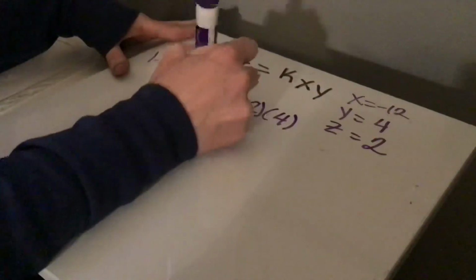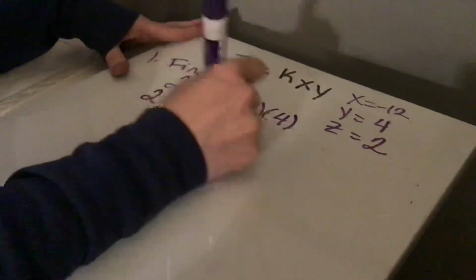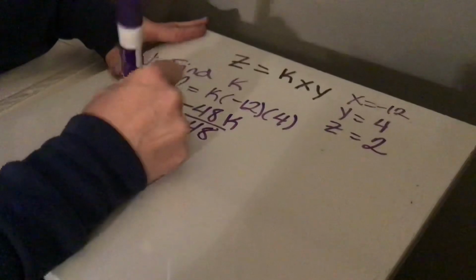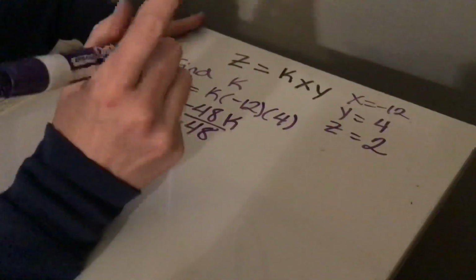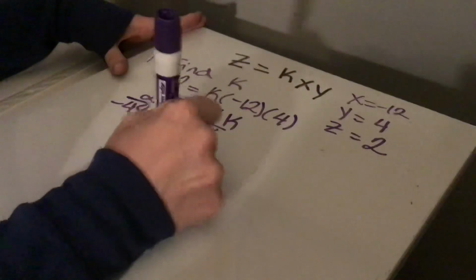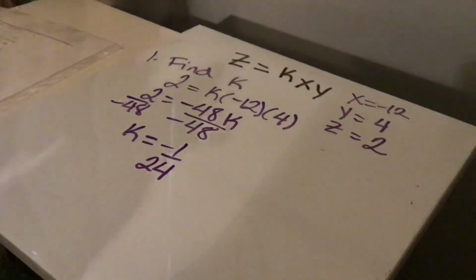Solve for k. We get 2 equals negative 48k. Divide by negative 48. Simplify. Do not write it as a decimal. Unnecessary. We get negative 1 over 24. Okay, we are not done. That is the value for k.